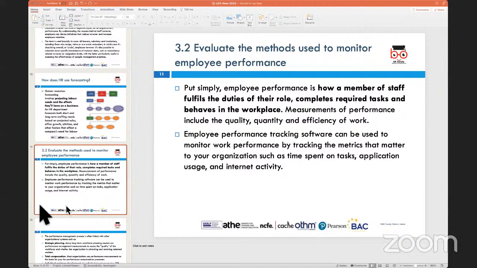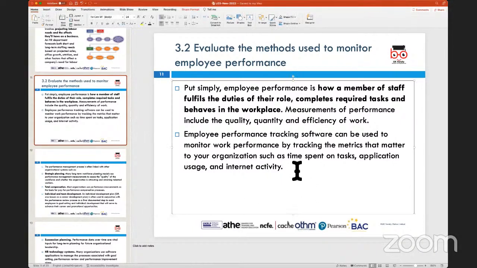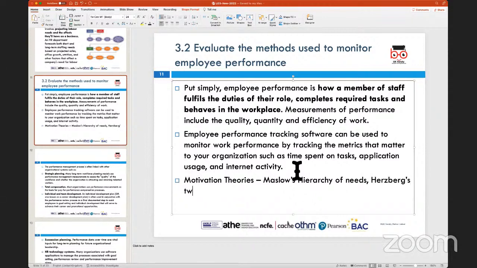So when we talk about motivational theories, some of these theories help HR managers drive targets and keep the employees committed and loyal to the organization. We know of motivation theories like Maslow's hierarchy of needs. We are also aware of Herzberg's two-factor theory, and there are lots of them.